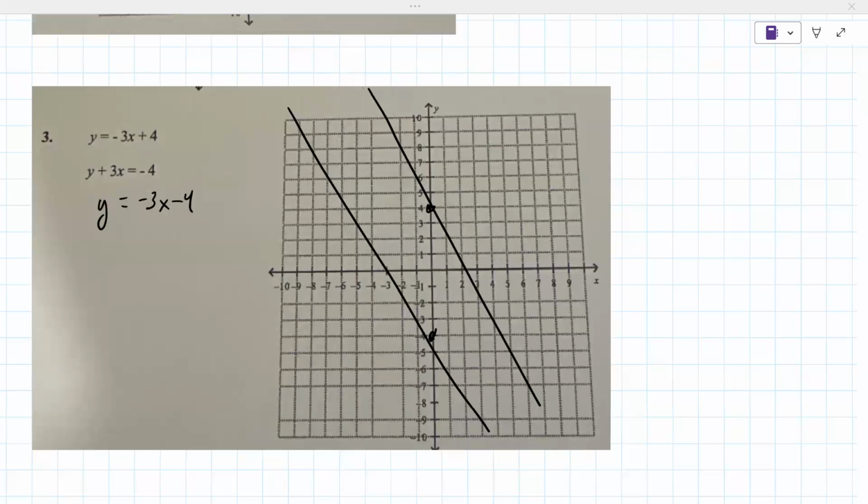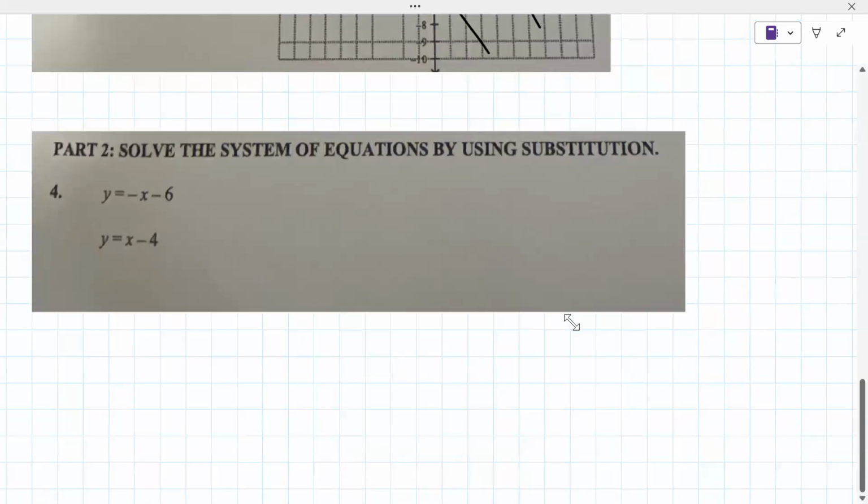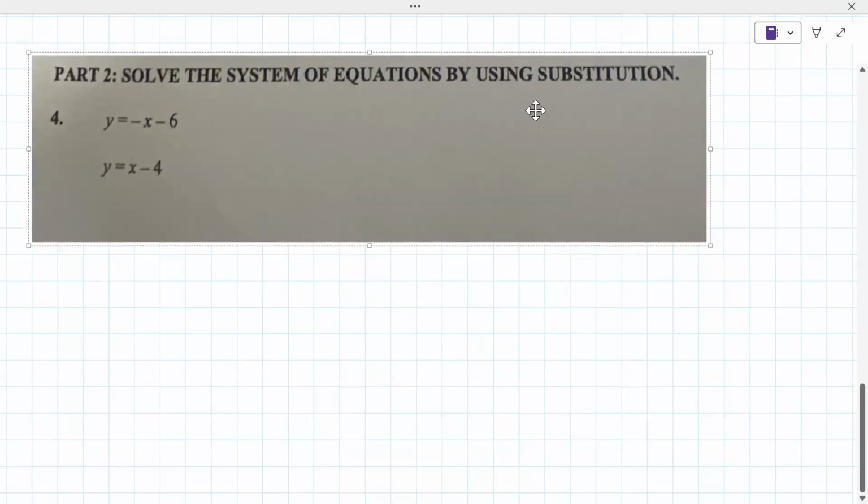So the next ones you're going to be even faster at. One of the things that might be difficult for you, just because you've seen this stuff before and you're a good math student, is that you have to do it the way they tell you. Like, I can't do elimination or anything like that. Right. So in this one, you're setting them equal, putting x - 4 in for y or vice versa.